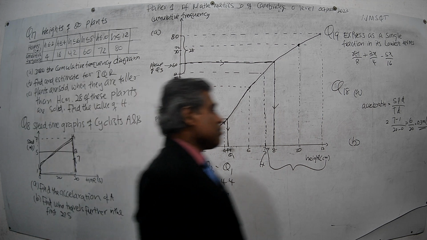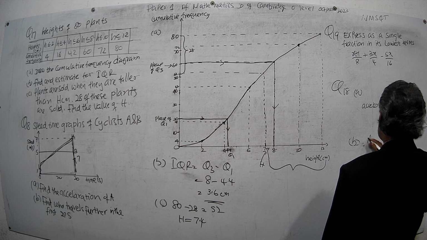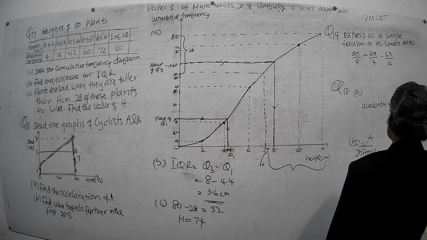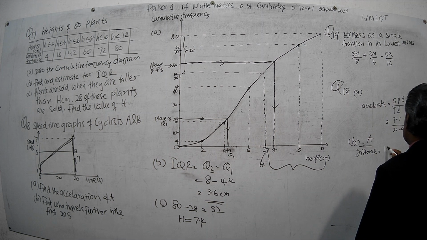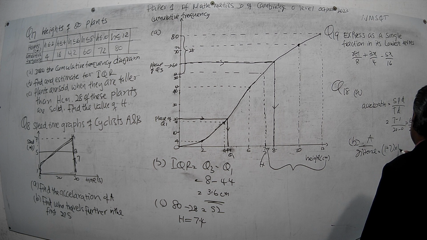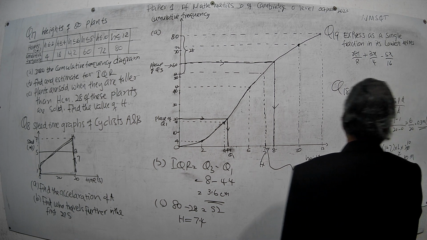Then we will find the distance traveled by A. The distance is the area of the trapezium, half into 1 plus 7 into the height 20. Half of 20 is 10, and 8 into 10 means 80 meters. So A has traveled 80 meters within the first 20 seconds.